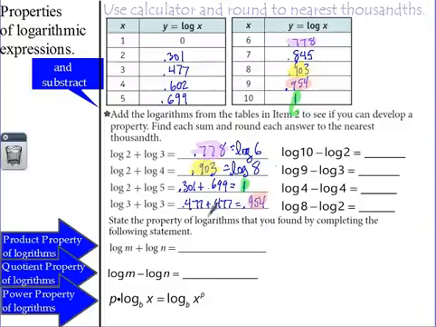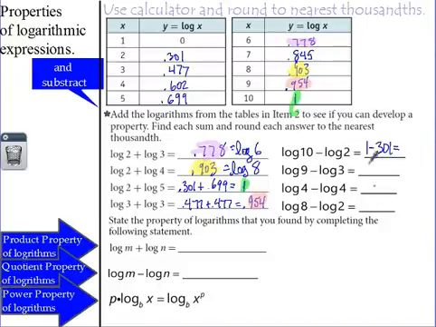Okay, and so from that pattern, what you want to do is try to see if you can't fill out what the log of m plus the log of n is equal to. Similarly, you can fill out the values for log of 10 minus log of 2. So log of 10 is 1. Log of 2 is equal to 0.301.